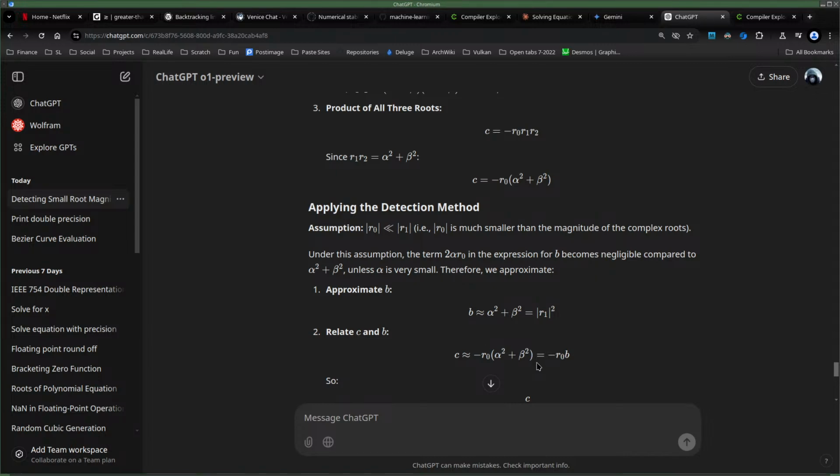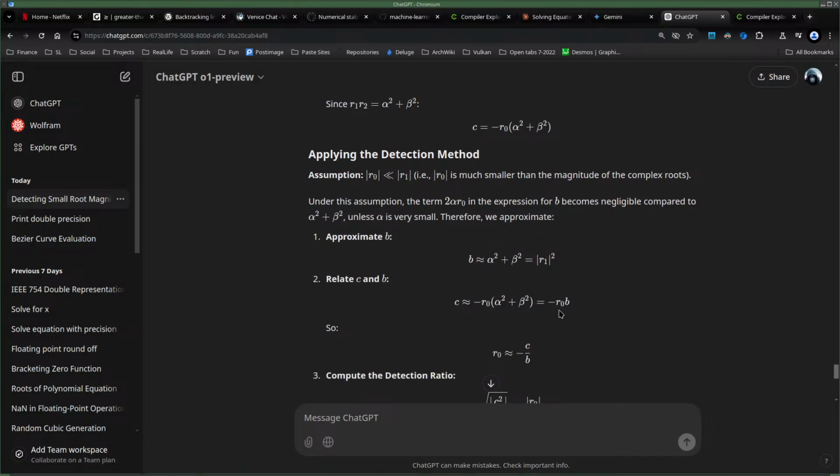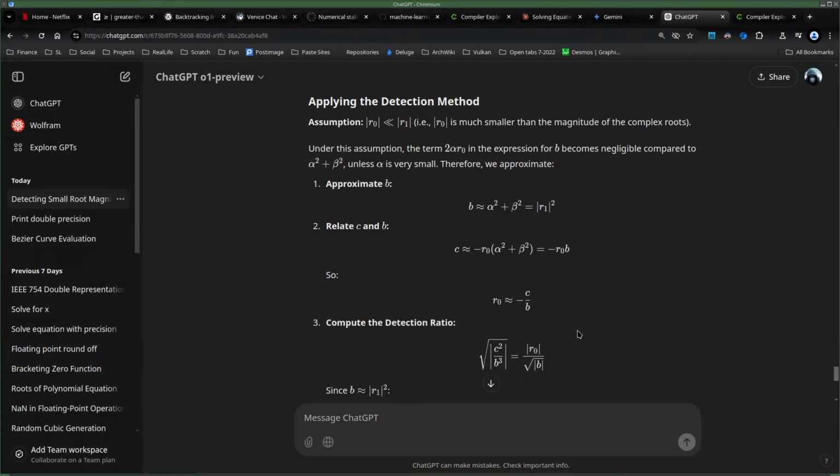It's the other way around. This is exact and this is more or less. Minus R0 times B. So R0 is more or less minus C divided by B, still.